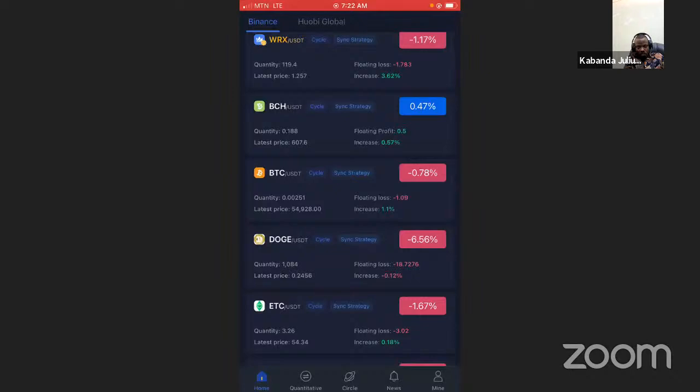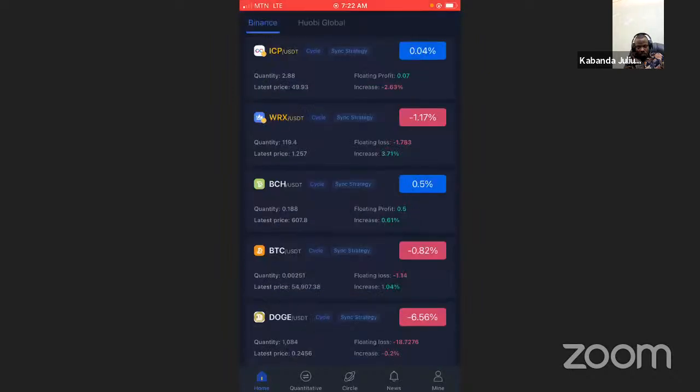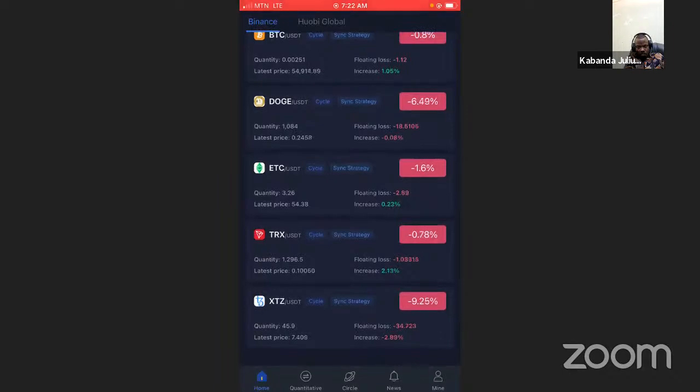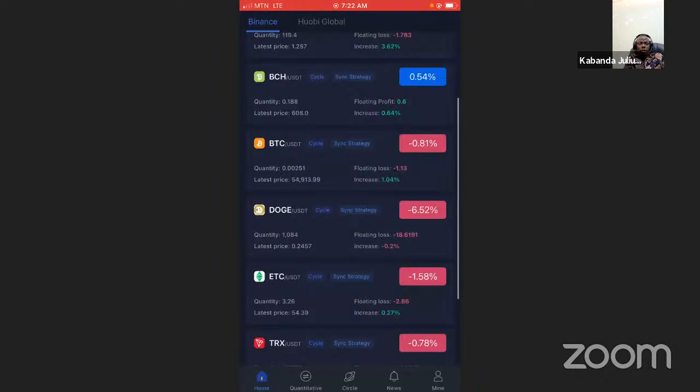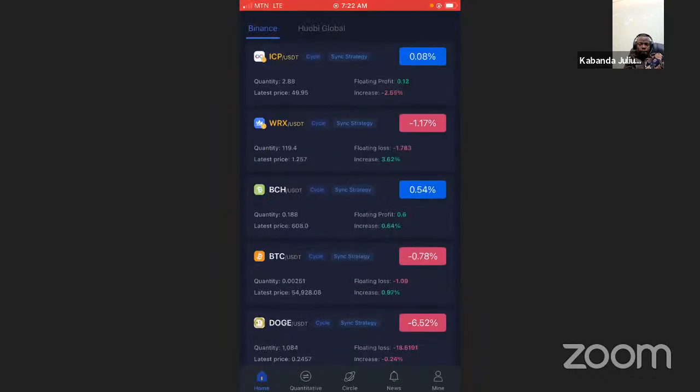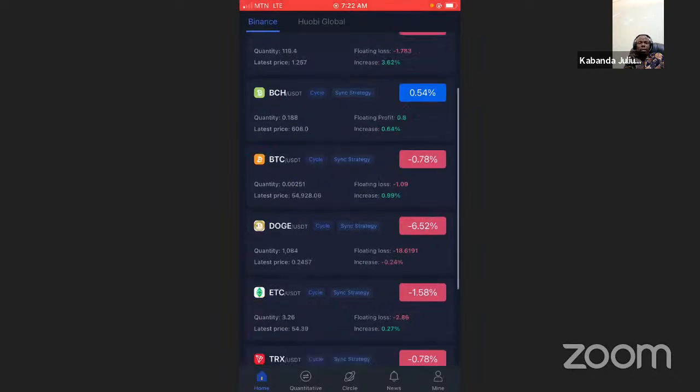And these three coins are trading, but the orders from BTC to XTZ are just like this, up, down, but not trading. If they want to trade, they will just buy, and that's all. What do you mean by not trading? It's not buying, it's not selling. It will be there like this. That is normal.